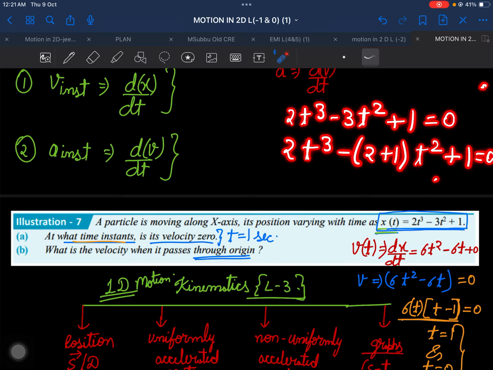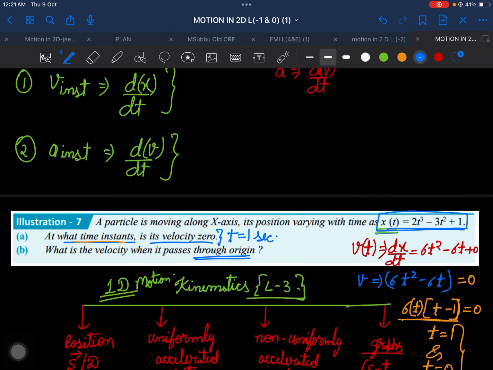Just check everyone. From here you can take 2t square as common, and inside you will have t minus 1. Again you will take common what? One minute, let me solve it for you.